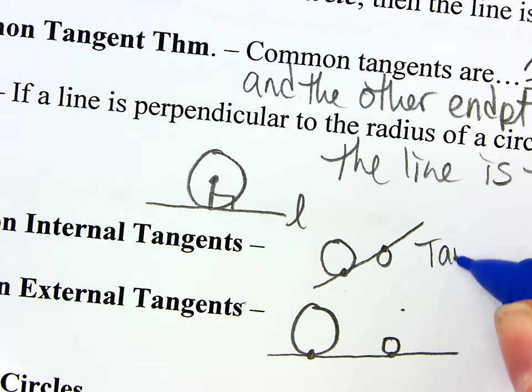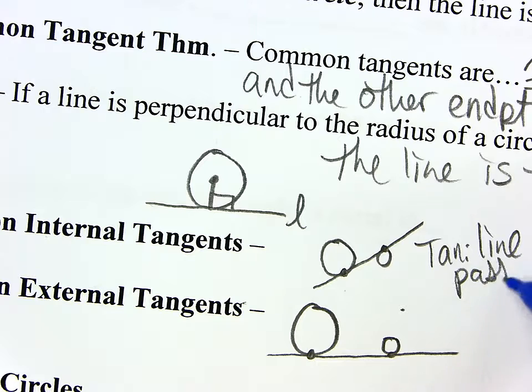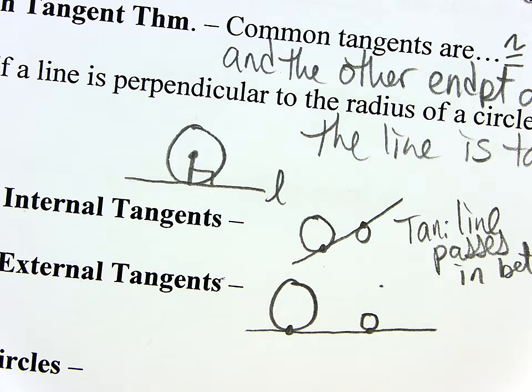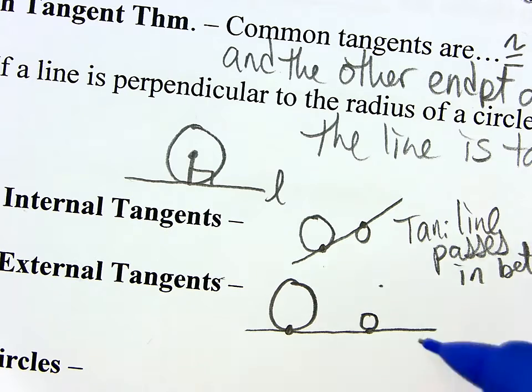In words, tangent line passes in between circles. And then our external tangent, the tangent line stays outside the two circles. You get what I'm saying. It doesn't cross in between the two circles.